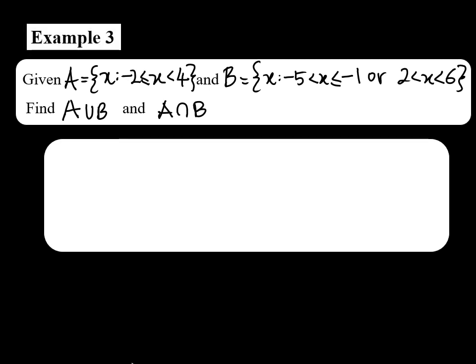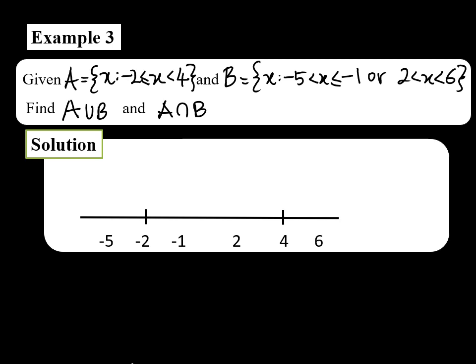Example 3. We have these two sets, A and B, and the question asks you to find A union B and A intersect with B. First, what we have to do, the same as the previous question, is to sketch the number line.